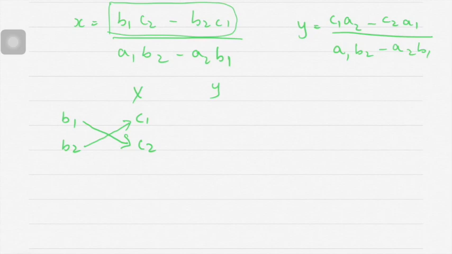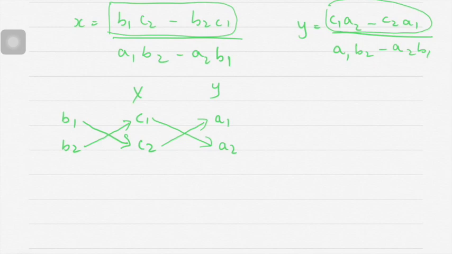For y, B is the constant, so you have to forget B and you will only consider C and A. But first you will write C and then you will write A, otherwise your formula will become wrong. So for y, C1 into A2 minus C2 into A1. This is the numerator.